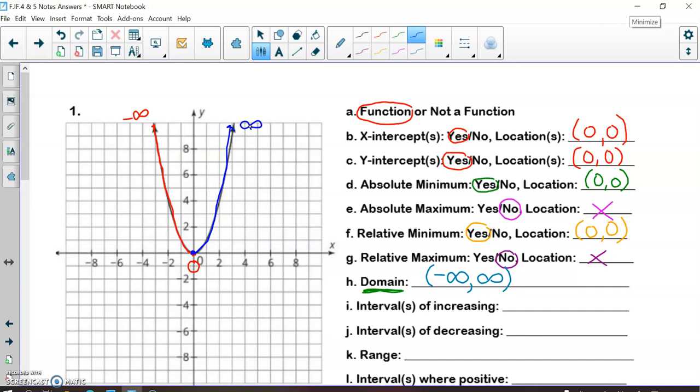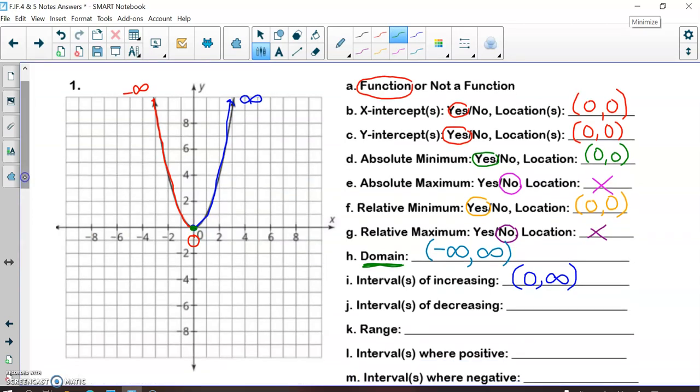We're going to write this in set notation. My x intervals of increasing, when my y values are increasing, my y values started to increase at the x value of 0, and they continued to increase to infinity. Now, when you're doing intervals of increasing or decreasing, you should never have brackets, because at the x value of 0, my y values are neither increasing or decreasing.